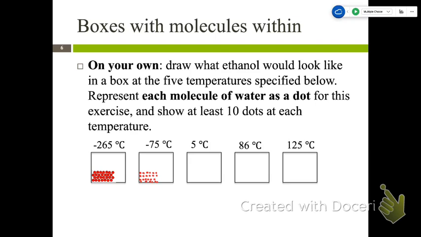Well, if you know what a phase diagram looks like, you know that water, for instance, when it's frozen, doesn't change its phase until it reaches its melting point, and then there it will change and the molecules will go apart.